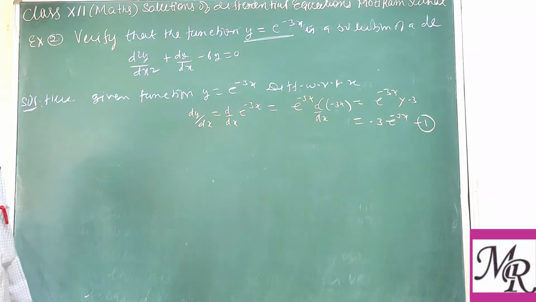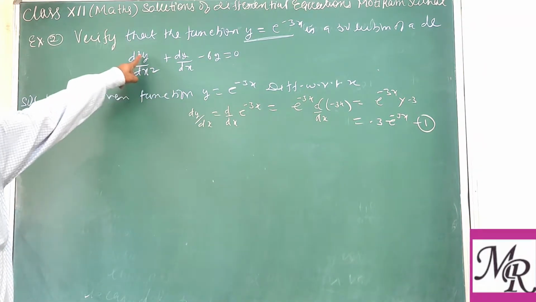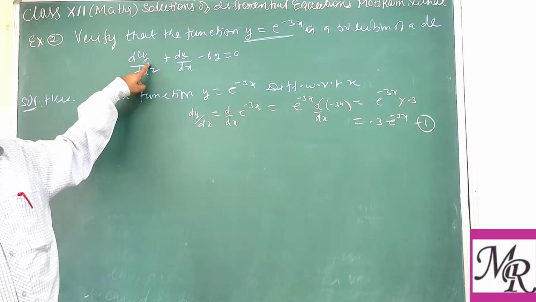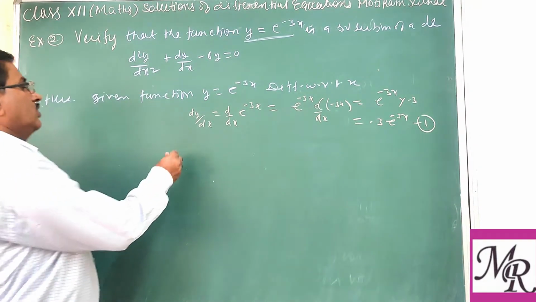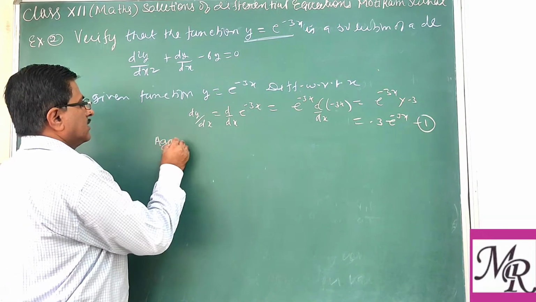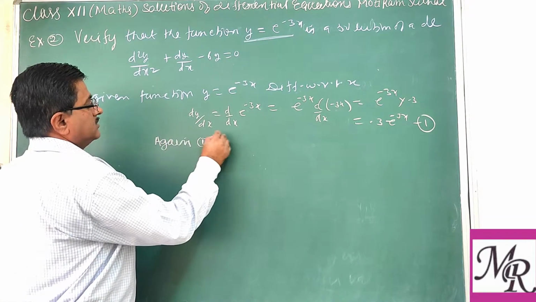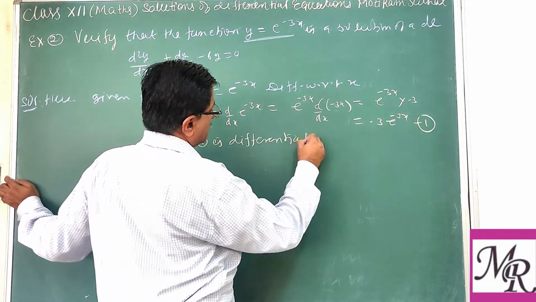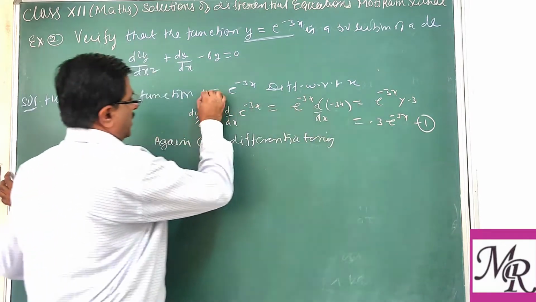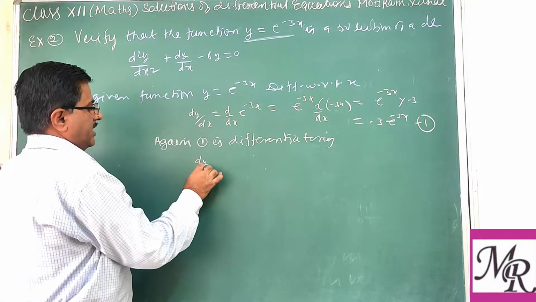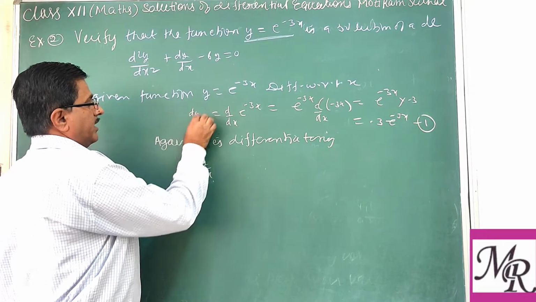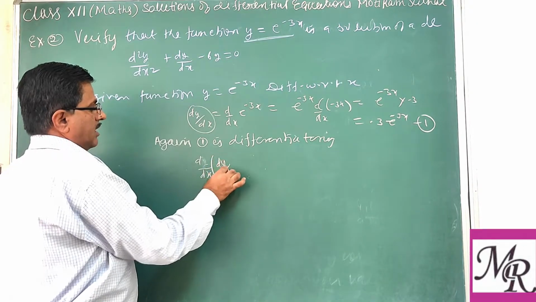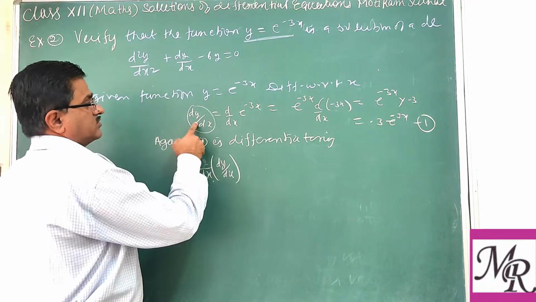Now differentiating this again. Why are we differentiating again? Because we need dy by dx as well as d square y upon dx square. So differentiating again, you may write d by dx of dy by dx, operating d by dx on both sides.